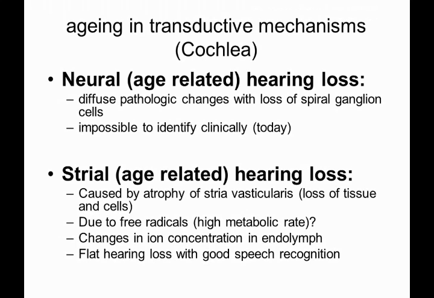It does change the ion concentration in the endolymph and will result in a flat hearing loss because it mainly influences the inner hair cells, still with good filters, so you have remaining a good speech recognition.